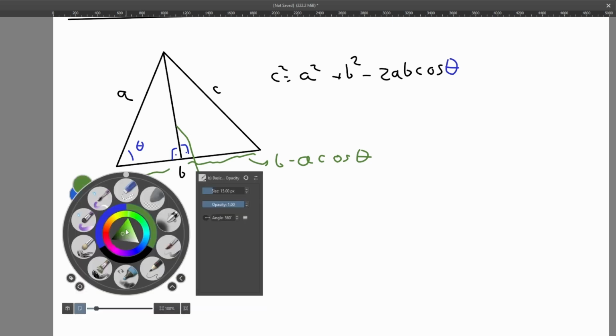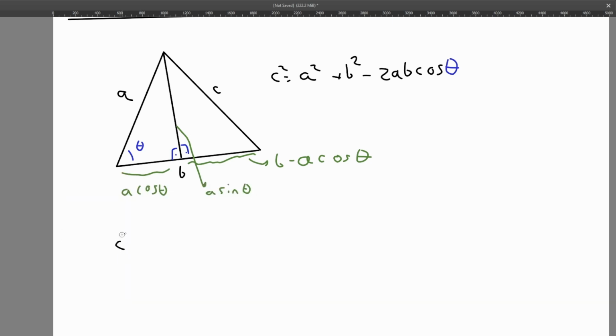And from the Pythagorean theorem, you see that C squared is equal to the length of this squared, A squared sine squared of theta, plus the length of this squared, which is B minus A cosine theta squared.